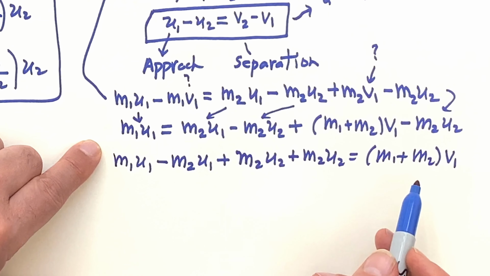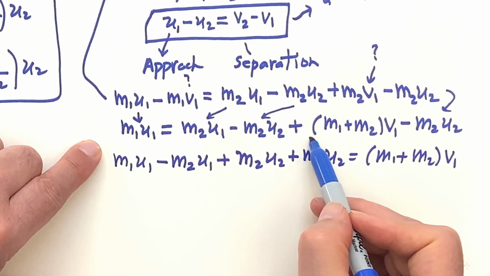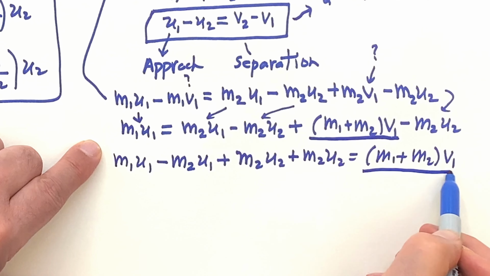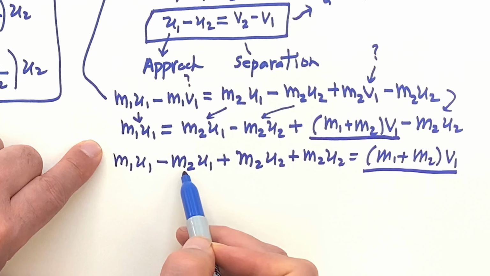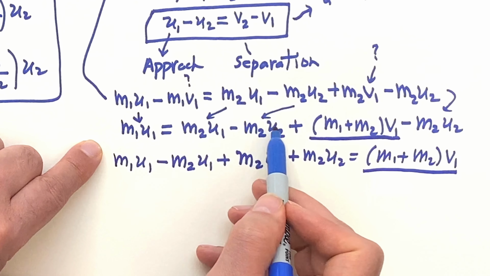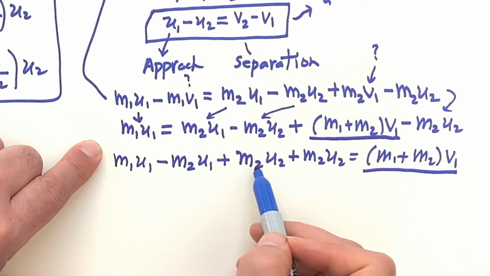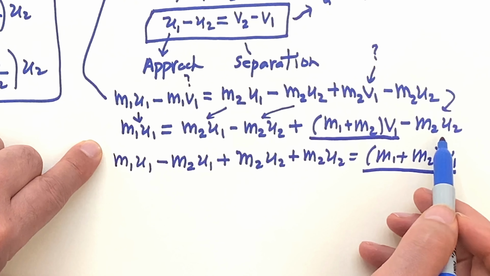We're basically isolating this term here. We want to isolate that. So on the left side we have m1u1, subtract the m2u1, add the m2u2, and then add the m2u2.